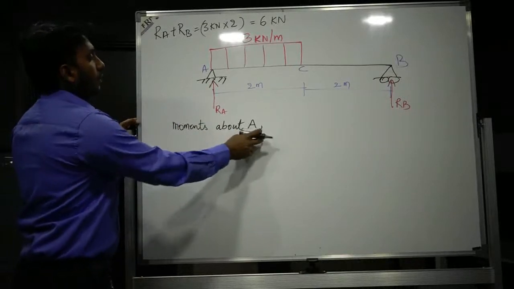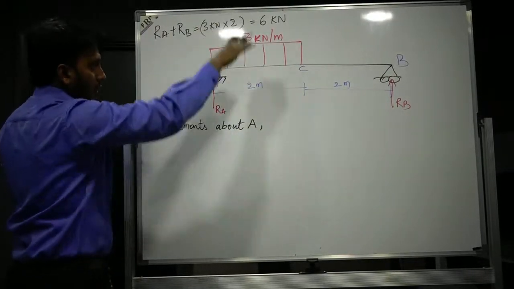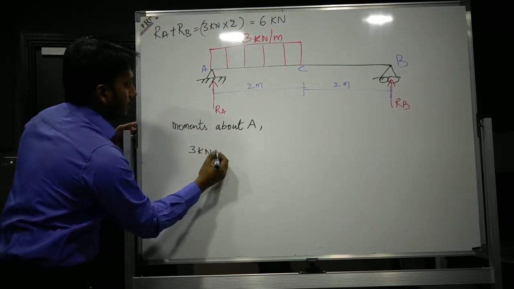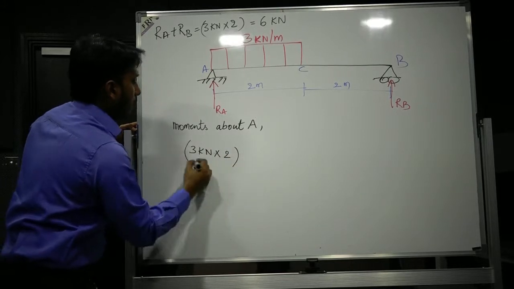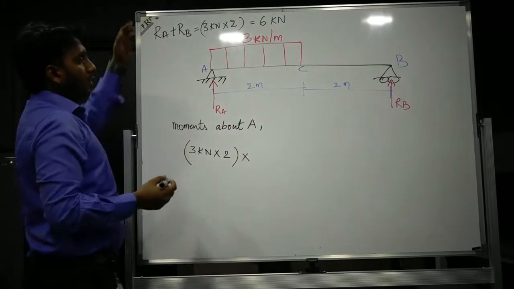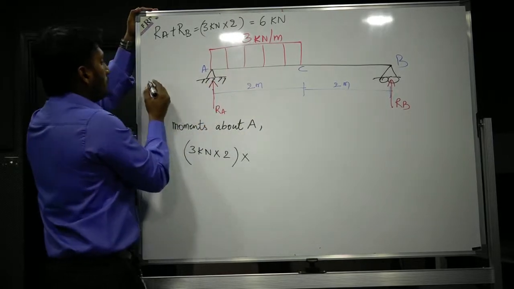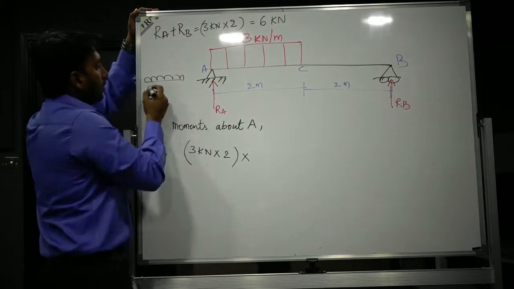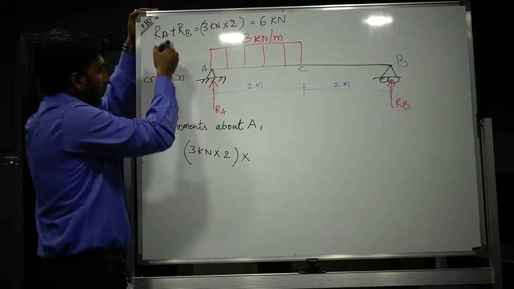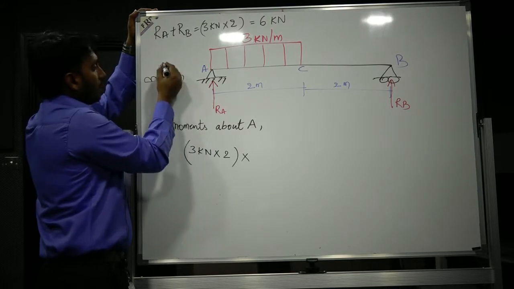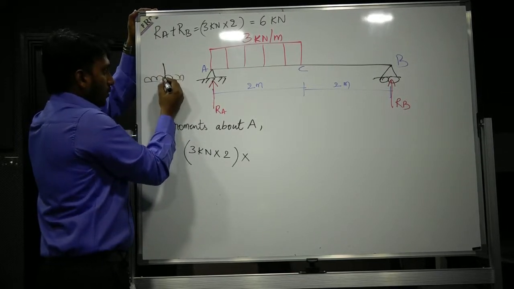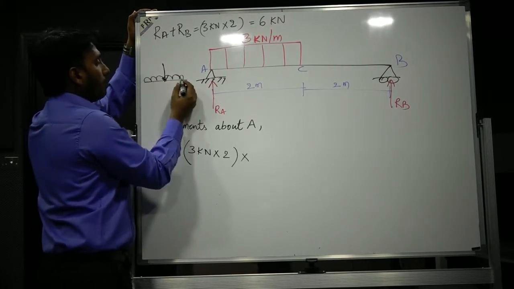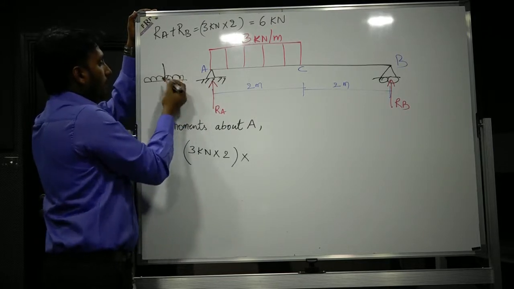Taking moments about A, in the clockwise direction, that is 3 kilonewton multiplied by 2. The principle is that when we have equilibrium, for a uniform load we consider the total load as a point load acting at the center.